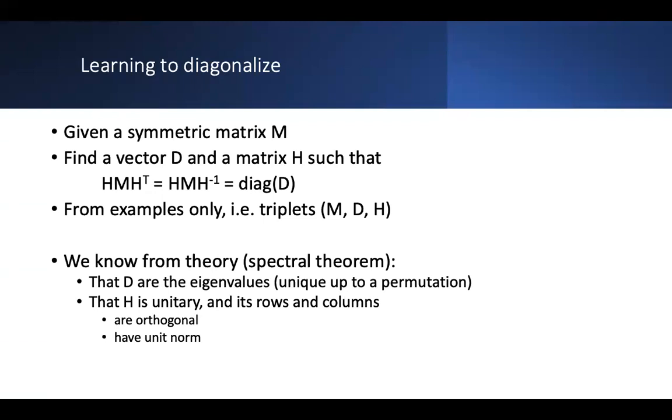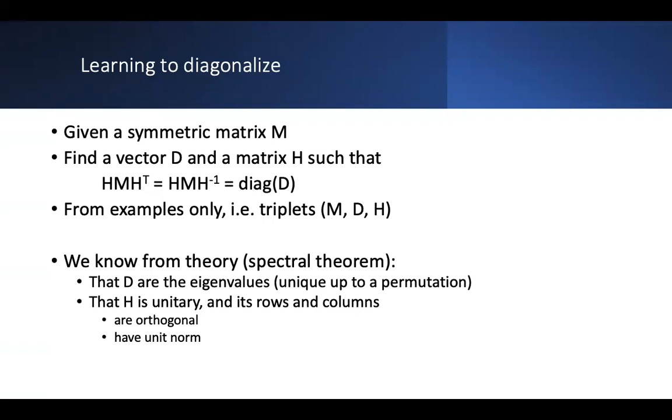The model will only see triplets M, D, H, so it starts to predict D, H from M, but only sees examples. But we know better. We've learned math and we know the spectral theorem, and we know that the D's are the eigenvalues, and they're unique up to permutation. Here we always sort them, so we learn them sorted. And H is orthogonal, which means its rows and columns are orthogonal 2 by 2 and have unit norms.